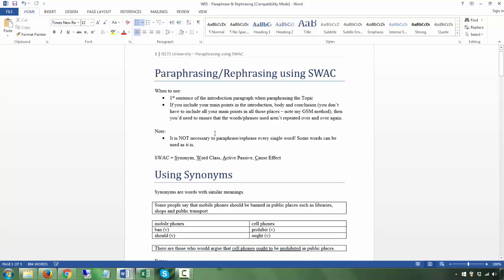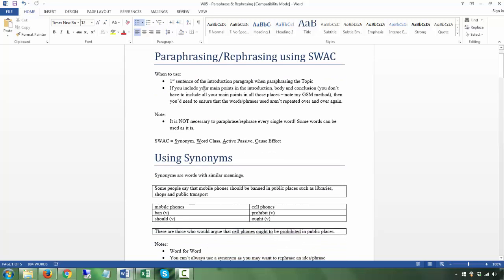So those are the two important places where you would need to paraphrase: in the introduction, to paraphrase the topic part of the question, and if you're going to talk about your main points in the introduction, the body paragraphs, and then the conclusion, then you will need to start paraphrasing.